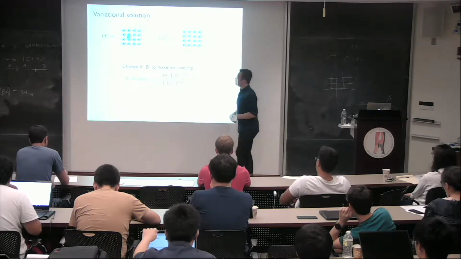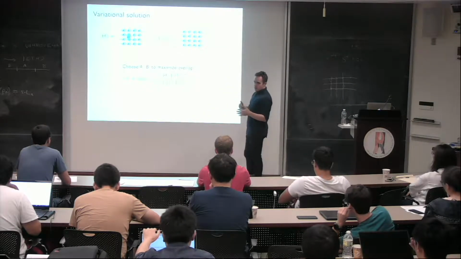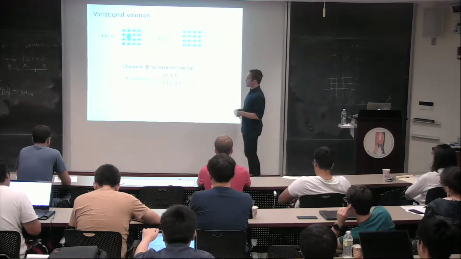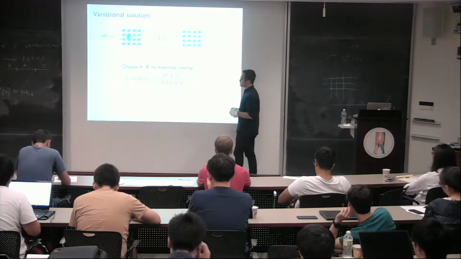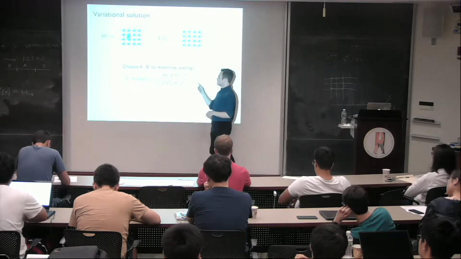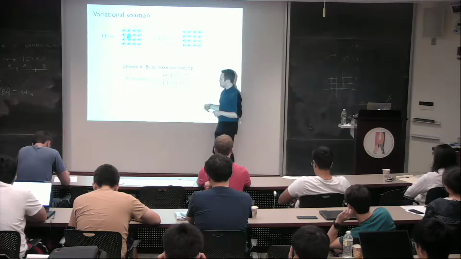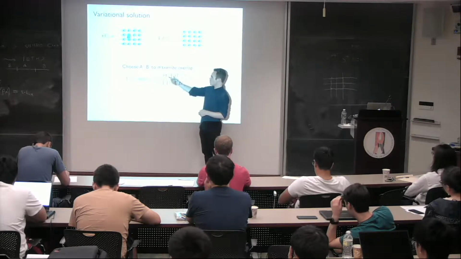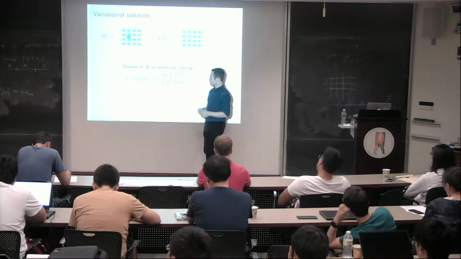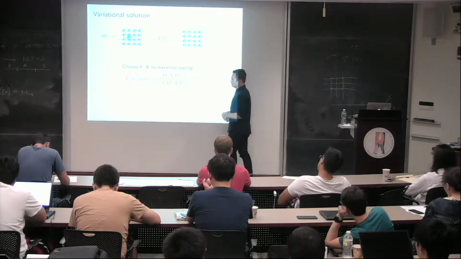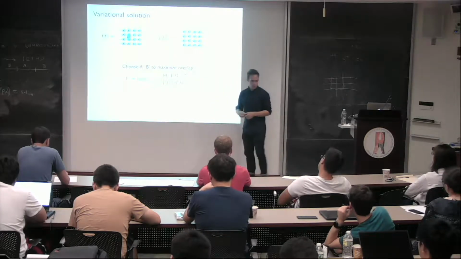Those tensors are variational degrees of freedom. I'm trying to choose the best ones of a given size, bond dimension. And what I really should optimize, because we're just dealing with pure states here, is the overlap between the target and the variational state. You should maximize the norm squared overlap.